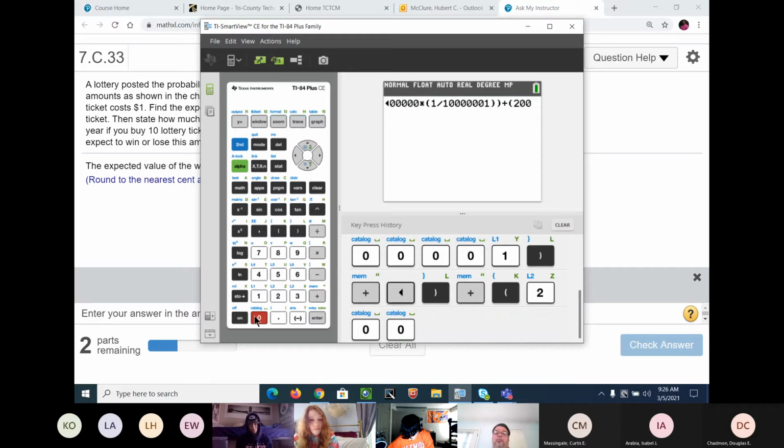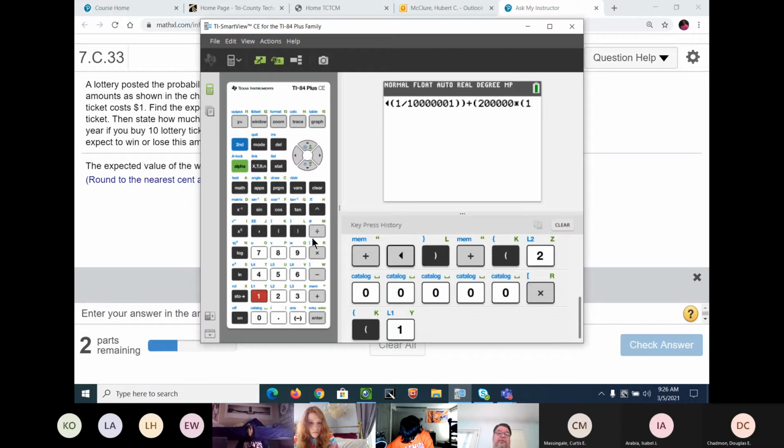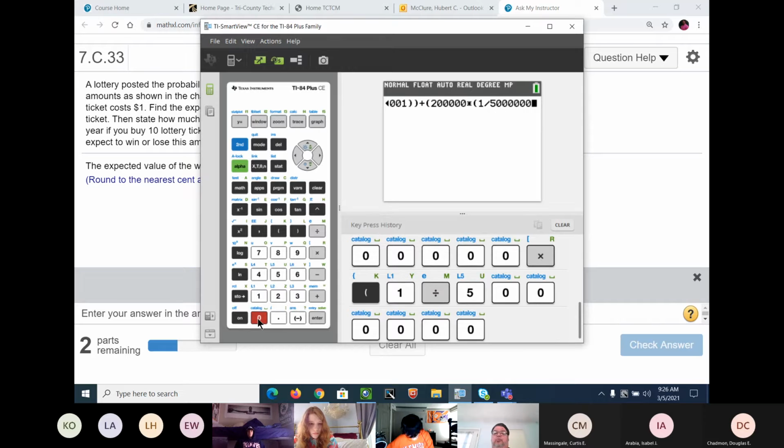200,000 times 1 over 50 million, parentheses 1 divided by 50 million. Those zeros run together, so hopefully I have them right.